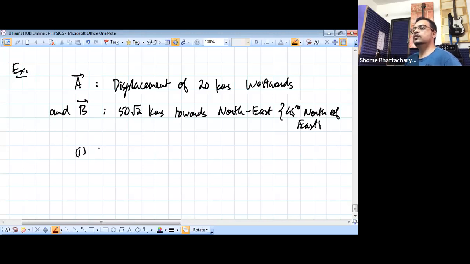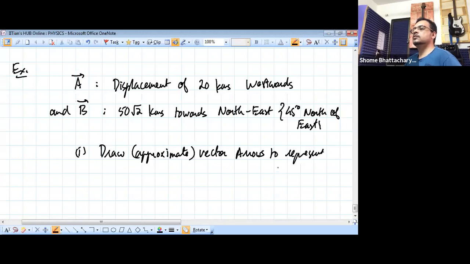So first of all, draw approximate vector arrows to represent A and B. And secondly, find the magnitude of A plus B in kilometers.